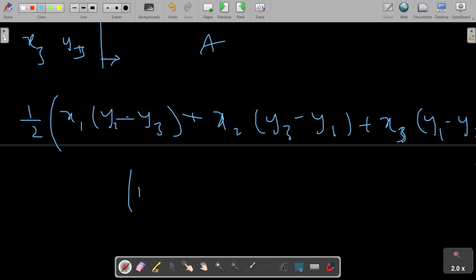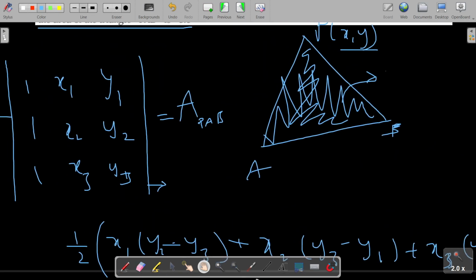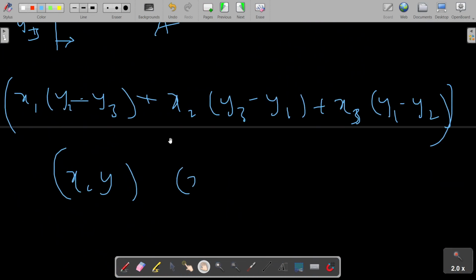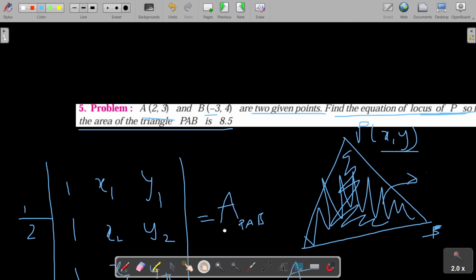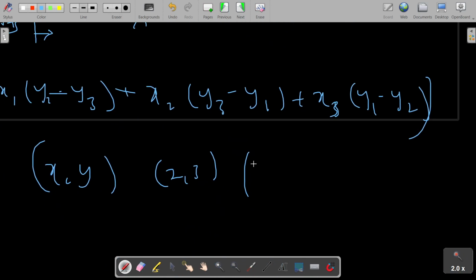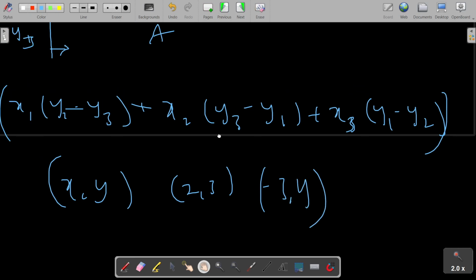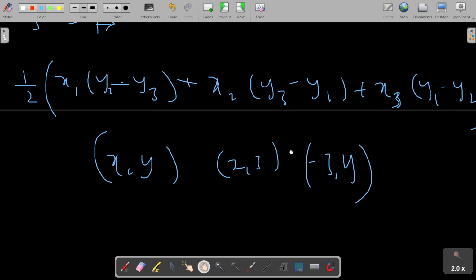I have x comma y as the first point, and let's say the second point is 2 comma 3, and the third point is minus 3 comma 4.